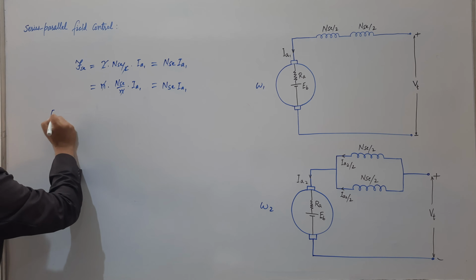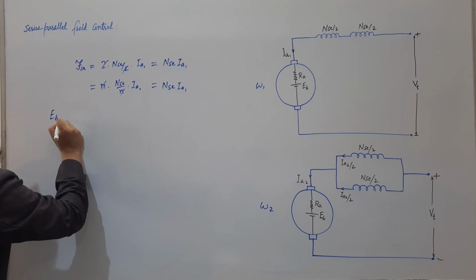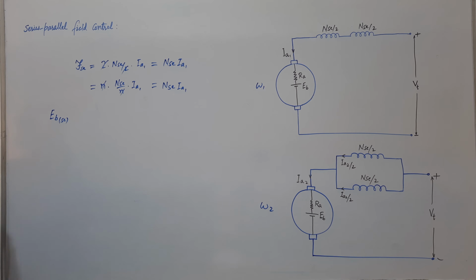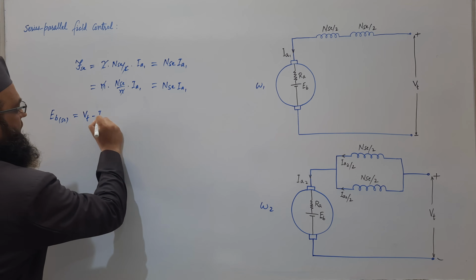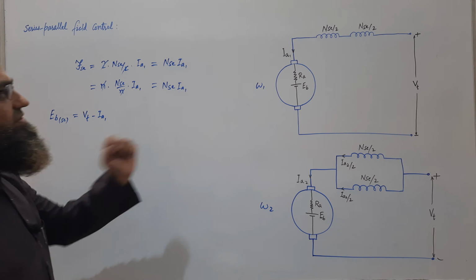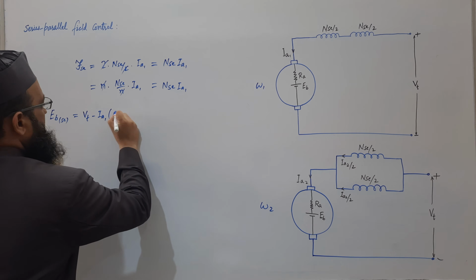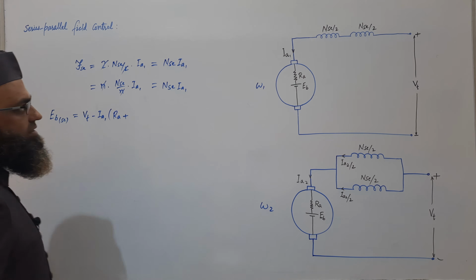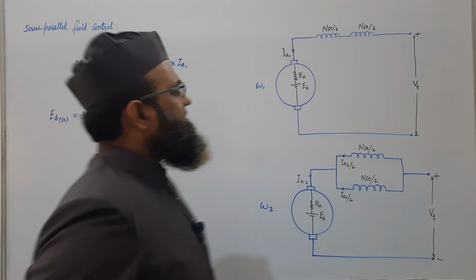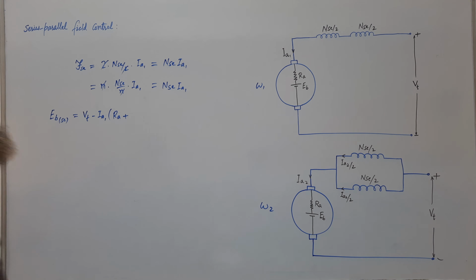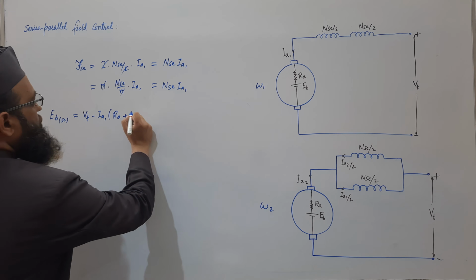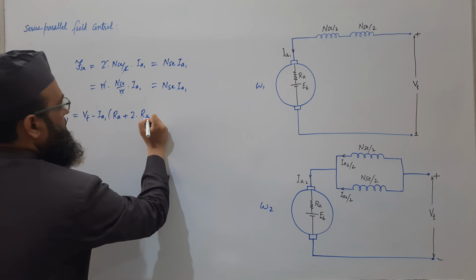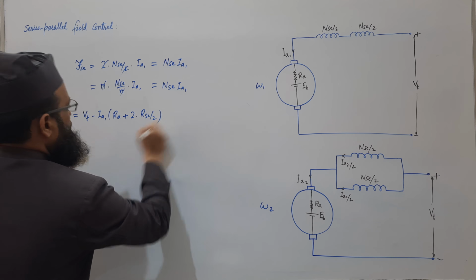Now for this case, the back EMF, let us represent it as EBSE, is equal to, applying KVL, Vt minus IA1, the armature current in this case, times RA plus the equivalent resistance, which will be 2 into RSE by 2.